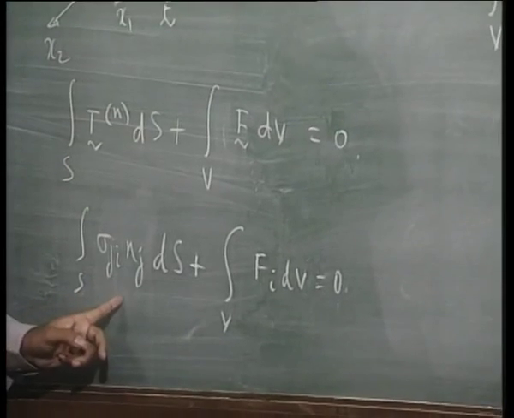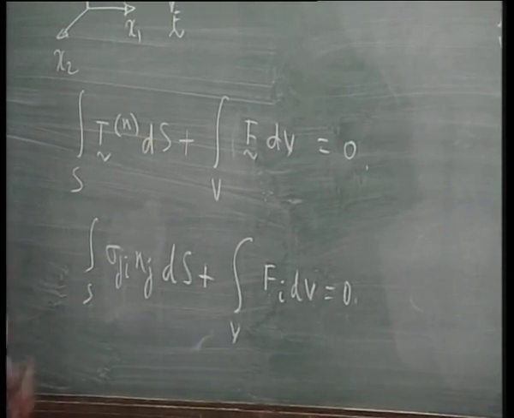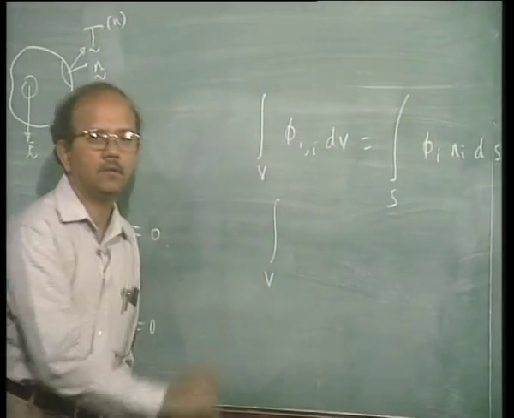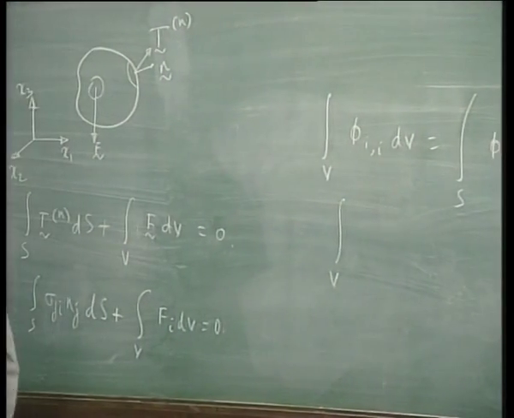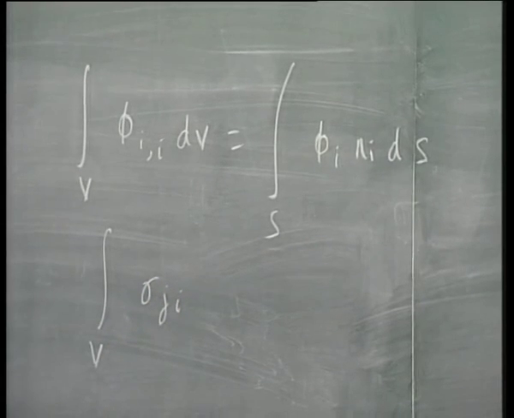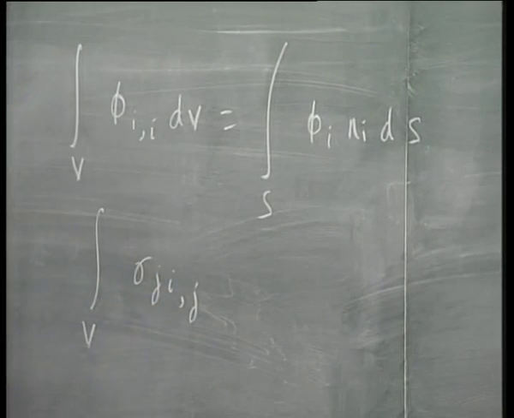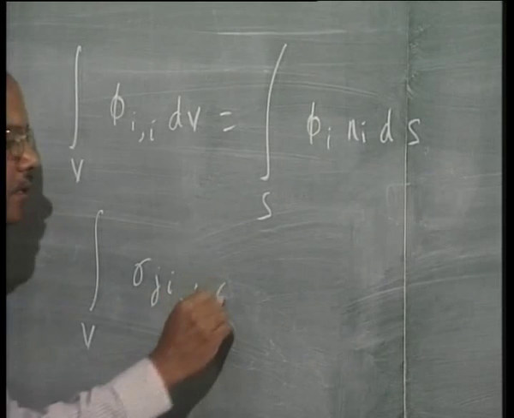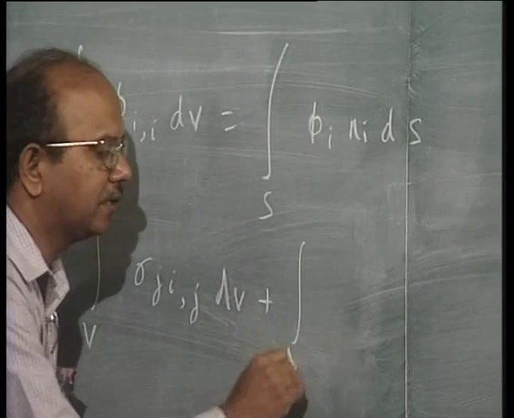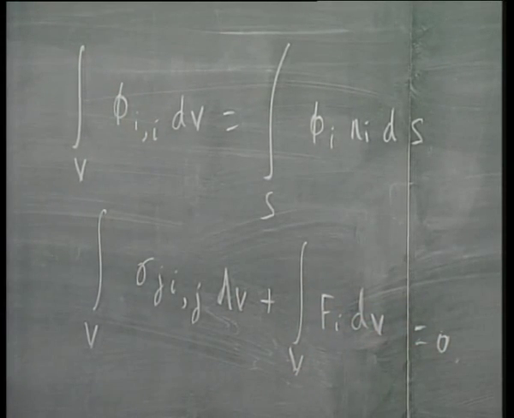Now applying this equation to the last step of the previous equation, what do I get at this place? Sigma ji nj will now become sigma ji comma j, that comma is important, volume integral dV, plus the integral over V of fi dV is equal to 0.